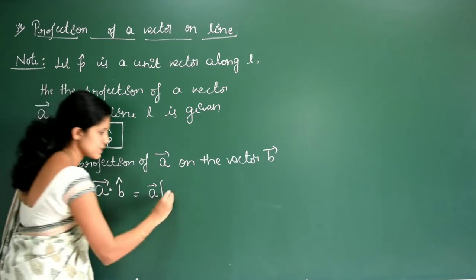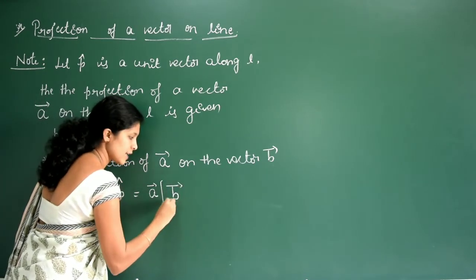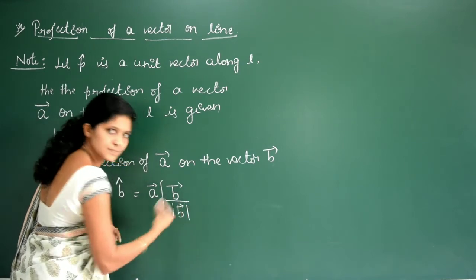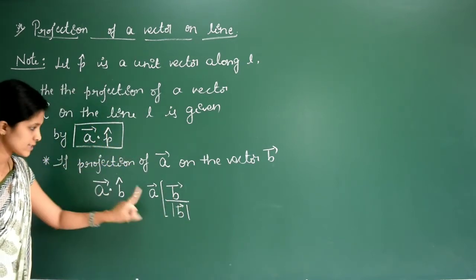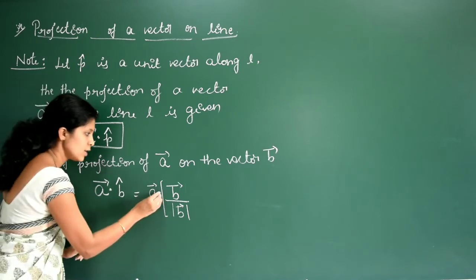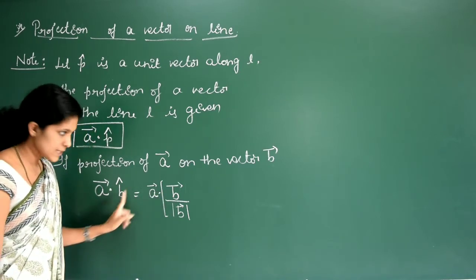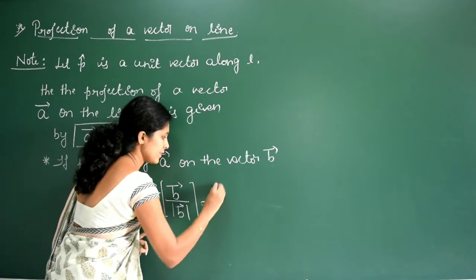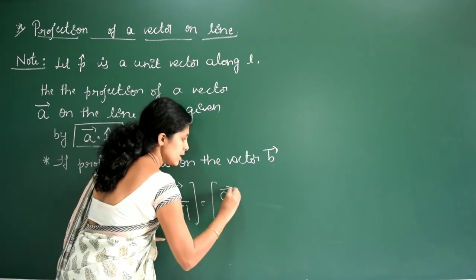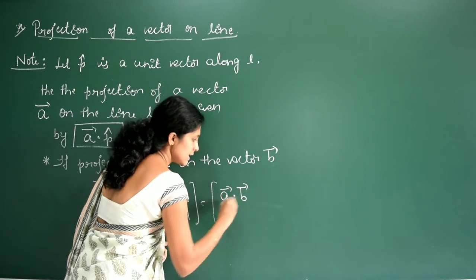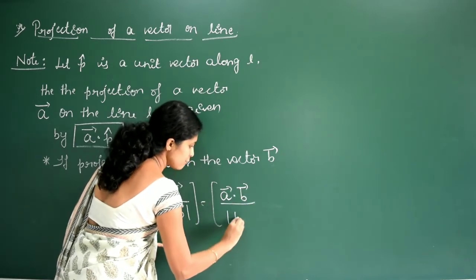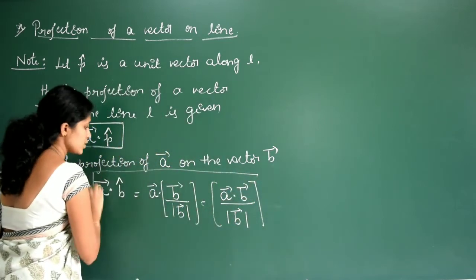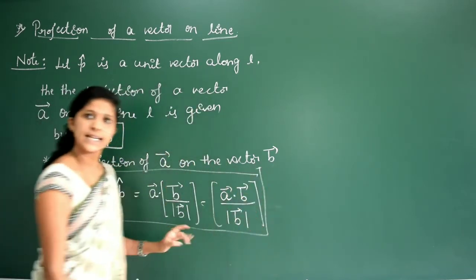B cap can be represented by B vector divided by the magnitude of B vector. So simply we can write this as A vector dot B vector divided by the magnitude of B vector. This is the important formula to find the projection of a vector on any line.